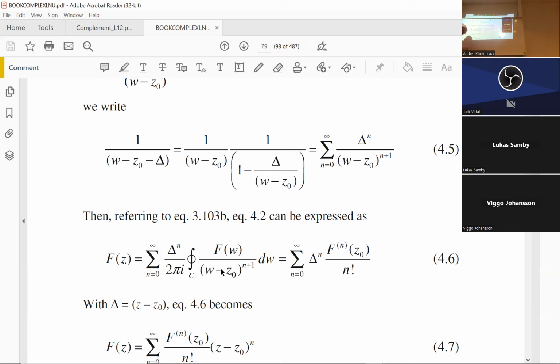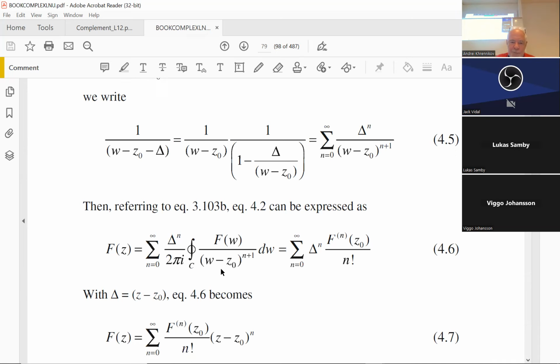So we get this formula, and delta is what we wanted. Delta is precisely z minus z0. So we get this Taylor formula. They even write it below.